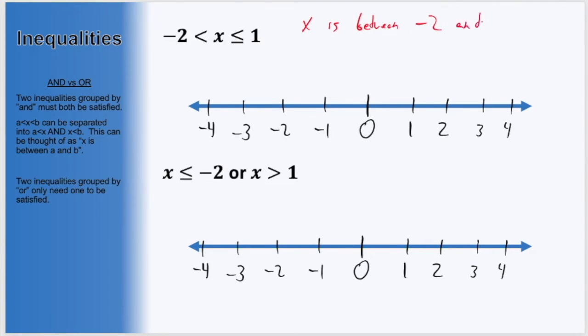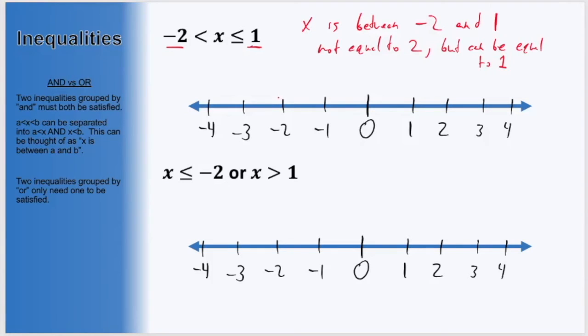-2 and 1, then paying attention to what numbers x could be equal to. It's not equal to -2, but can be equal to 1. Keeping in mind these two numbers, we'll go to our number line.